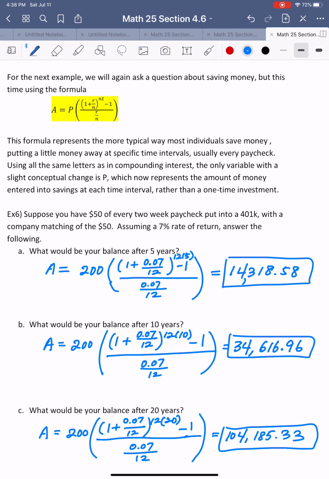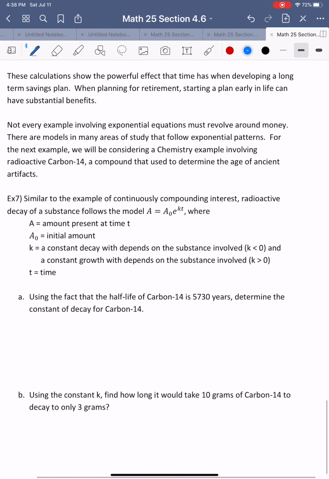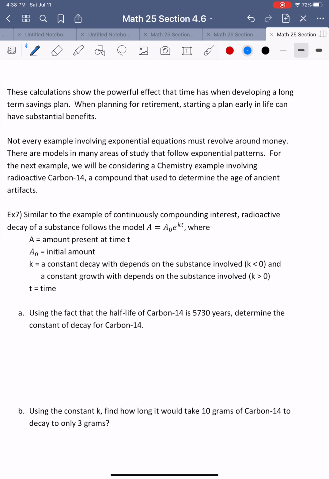All right. The next page, this calculation shows the powerful effect that time has when developing a long-term saving plan. When planning for retirement, starting a plan early can bring substantial benefits. Not every example involving exponential equations must revolve around money.